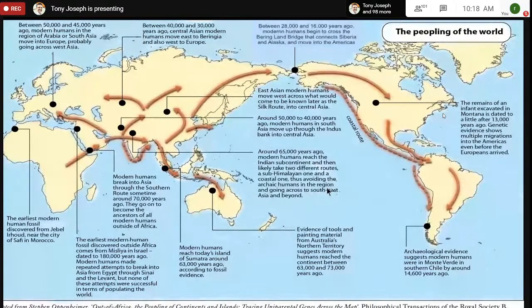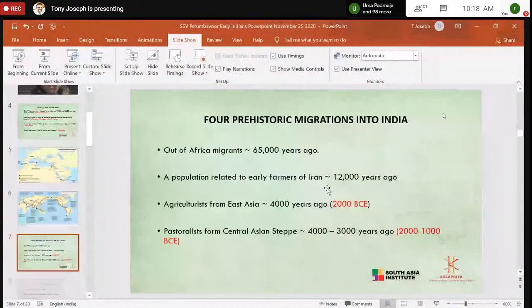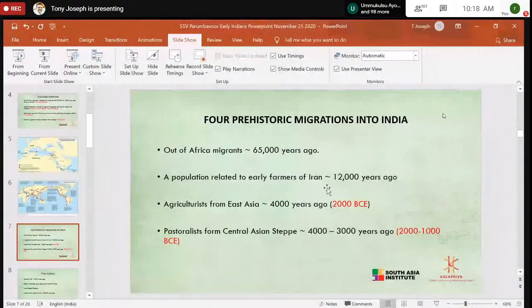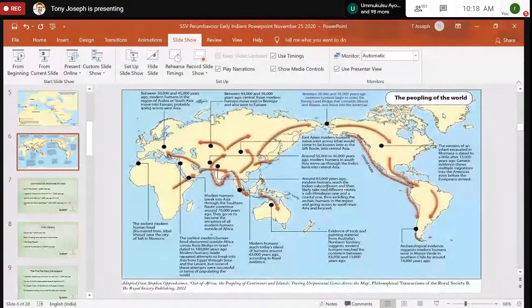Now, as they were spreading around the world, something else happened: there was a glacial age that intervened.